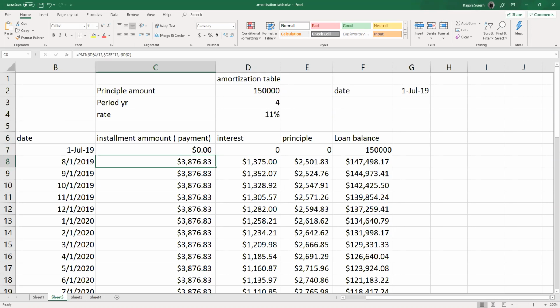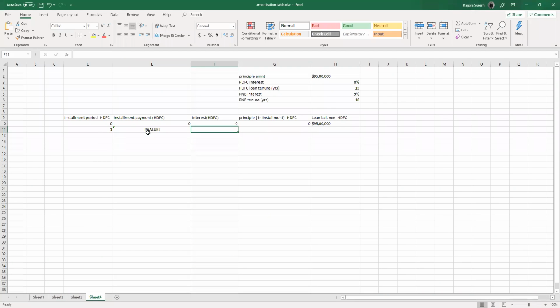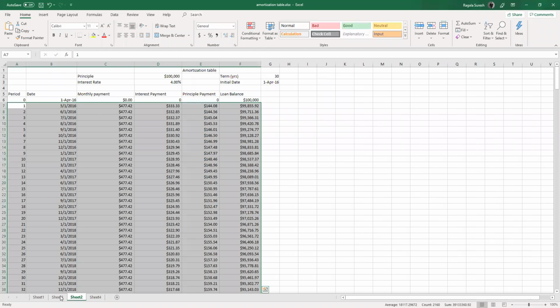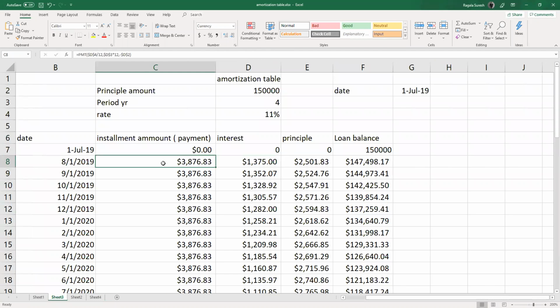Yeah, that only. So the formula will show whether we are taking the right formula. In that sheet only, Suresh. The previous sheet which you showed me. Yes, so double click there.